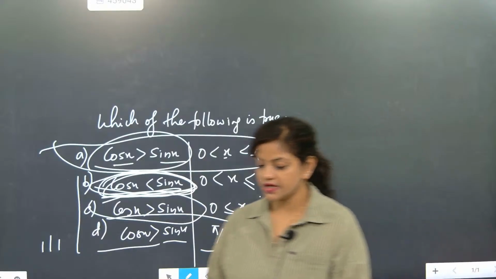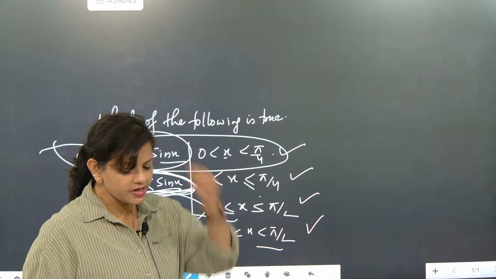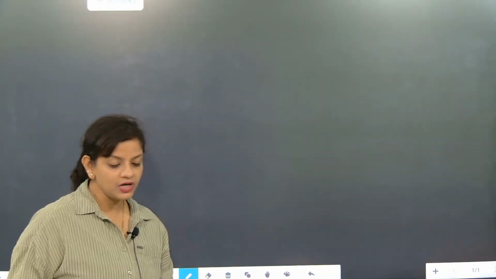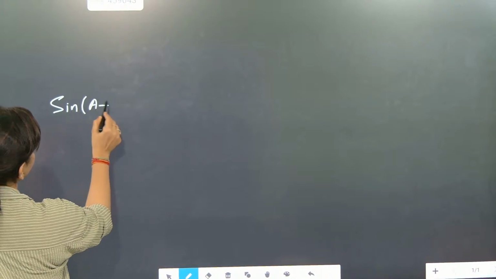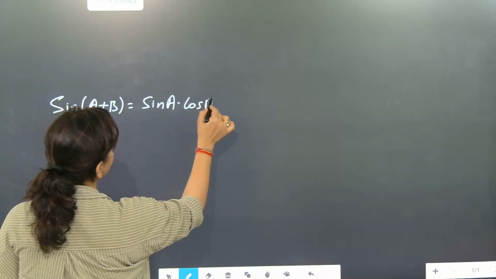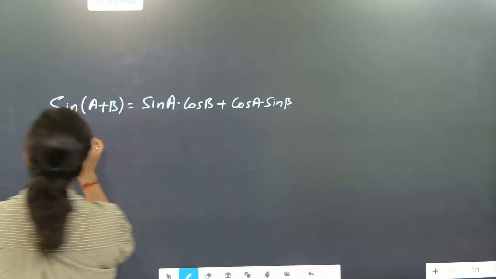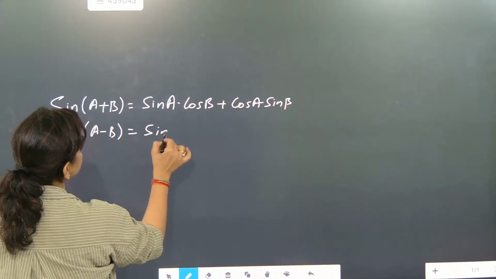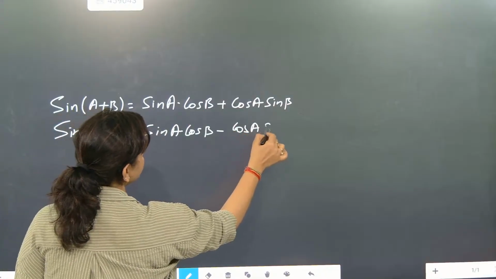The next question is, come on, go for it. Beta, sine and tan, different types of formulas are there. When you will be using those formulas, one time I'm reminding you the formulas. Sine of a plus b will become sine a cos b plus cos a sine b. Sine of a minus b is equal to sine a cos b minus cos a sine b.